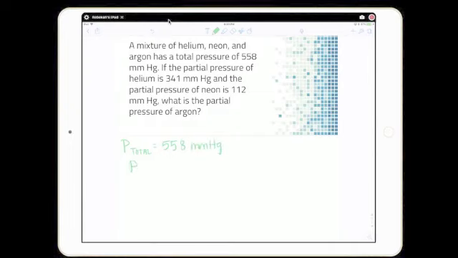Then they give us the partial pressure of helium. We write that P_He, 341 millimeters of mercury. And the partial pressure of neon, P_Ne, 112 millimeters of mercury. What's the partial pressure of argon?